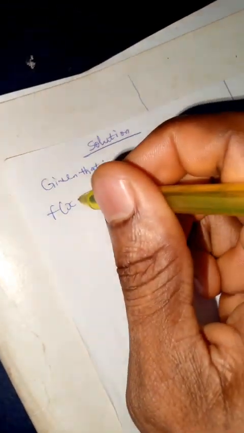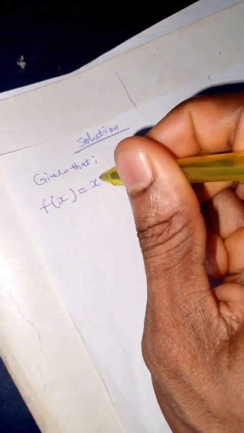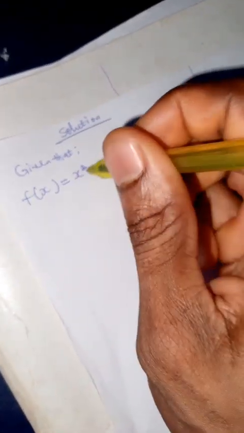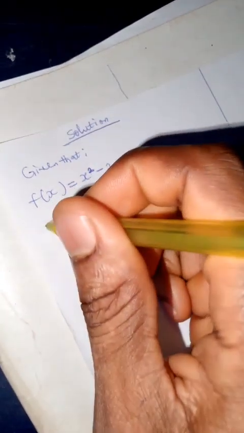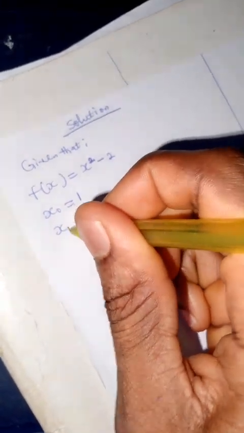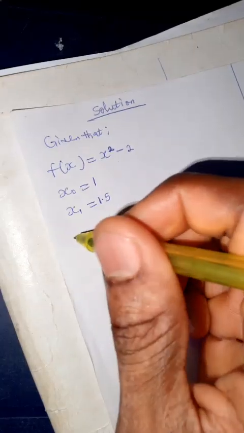Given that f of x equal to x squared minus 2, x0 equal to 1, x1 equal to 1.5.